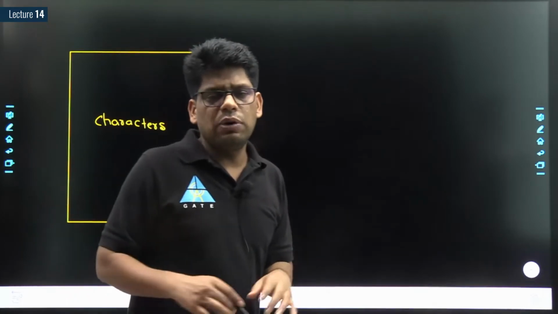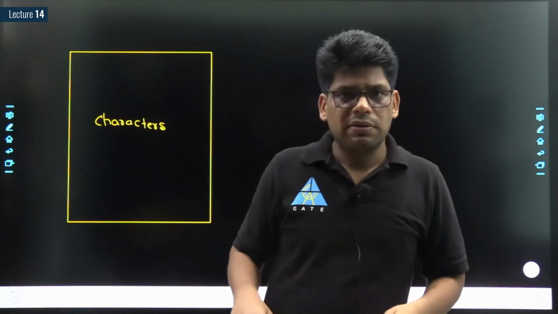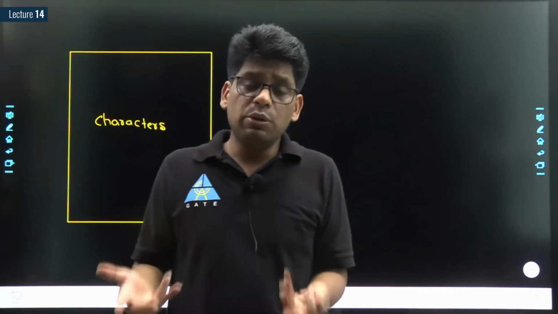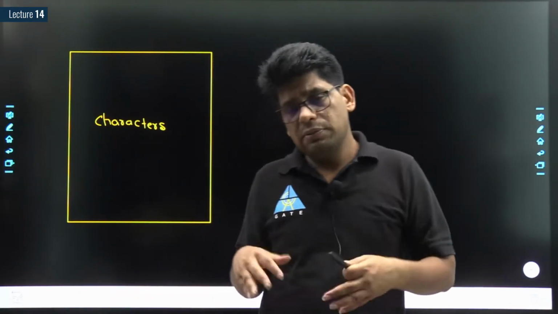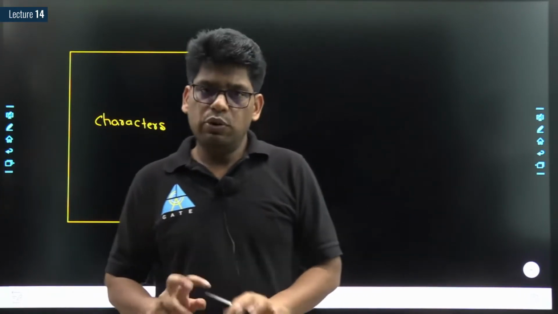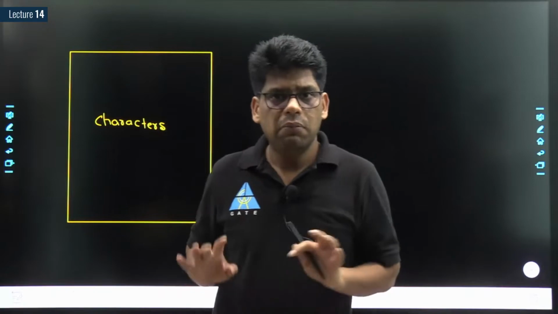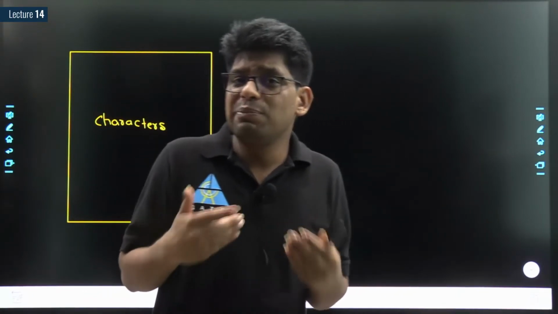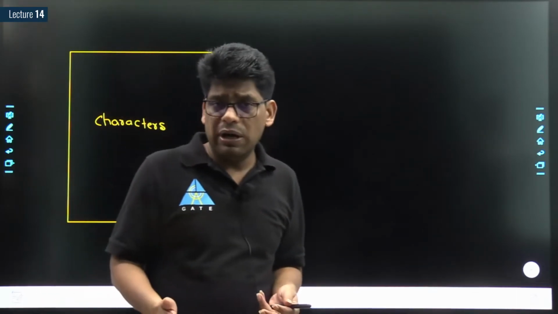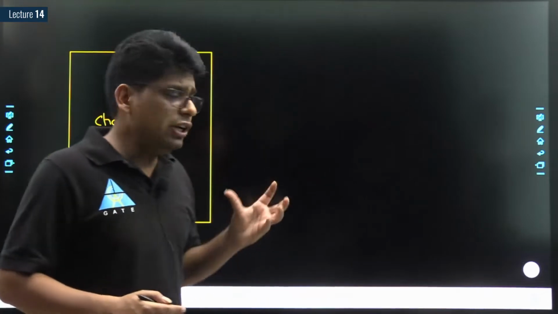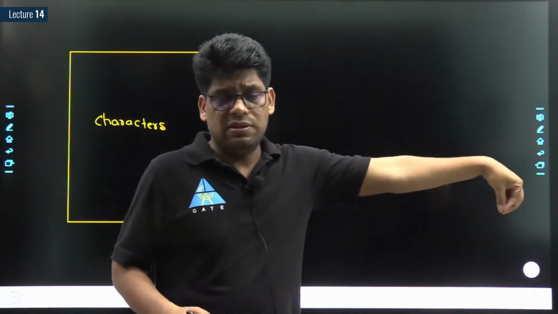Whether you are writing English, or Malayalam, for a machine, what is it? It is 0 and 1. Computers allow you to write Malayalam, of course, but for the machine it must be 0 and 1. So we need our machine to understand these characters.